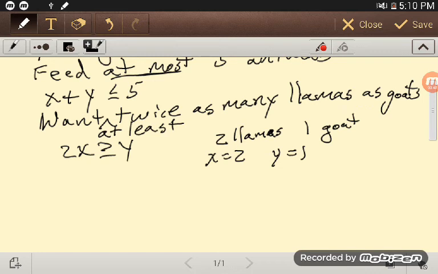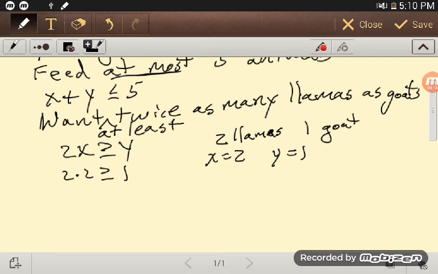And we see that indeed this seems to have worked in this case, right? That we've got 2 times 2 is greater than 1. Okay, so that point would work.